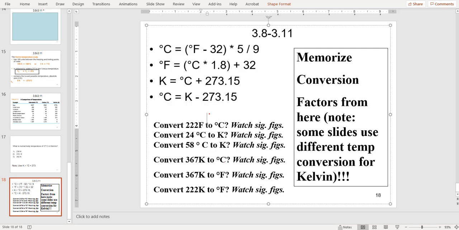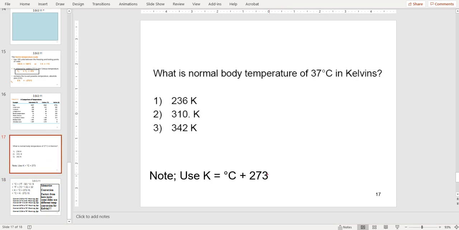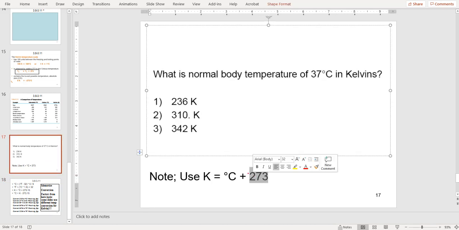You want to notice that for Kelvin to Celsius and Celsius to Kelvin, these two equations may vary depending on professor and book. So some professors and books use 273.15. Other ones, like in the previous slide, use just 273.